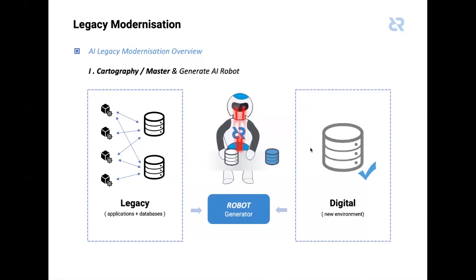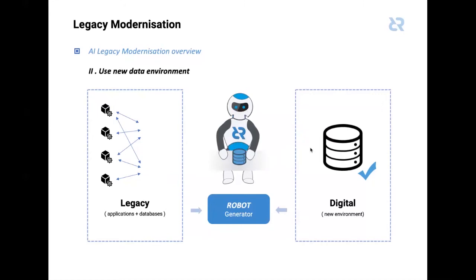Every time something changes in your new environment or in your legacy environment, the structure of your databases or the application, the robot will be generated again and adapted automatically, so it will still continue to work.